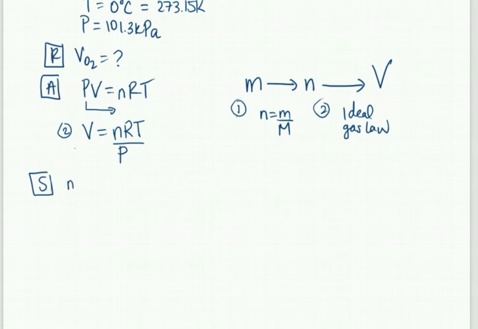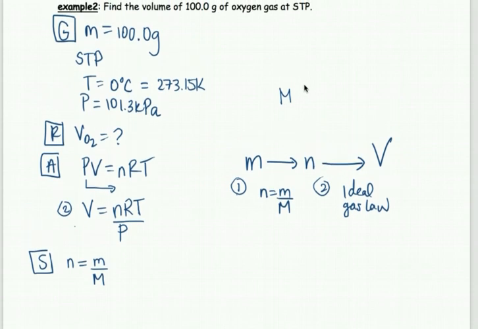So we're going to find our amount first. We're going to do this by dividing by the molar mass of oxygen. 2 times 16 is 32 grams per mole, so there's the molar mass.